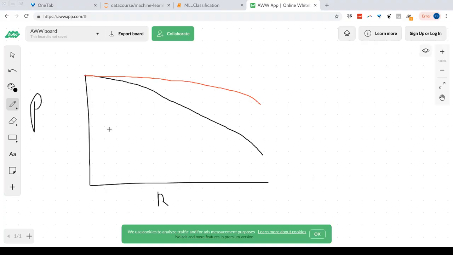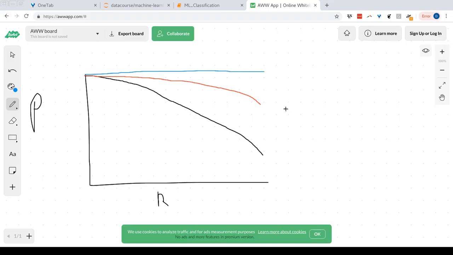And what are the bounds for this area under the curve? Note at the very least, we have 0. But what is the value that it cannot exceed? What would be the area under the curve if we had a model that, for some reason, is magical and has no precision and recall trade-off? What would be the area under the curve for that ideal model? In other words, a model that just doesn't drop precision as you increase recall.